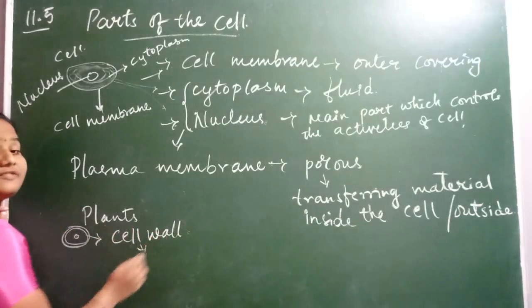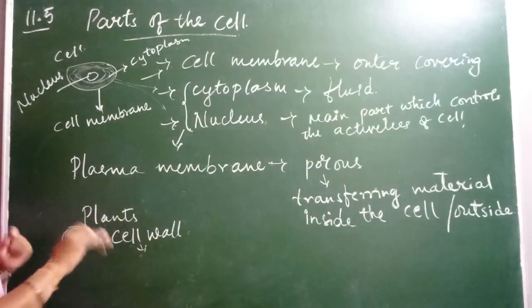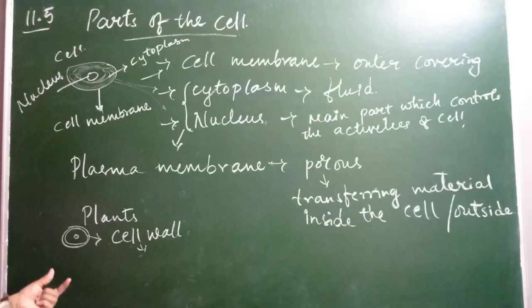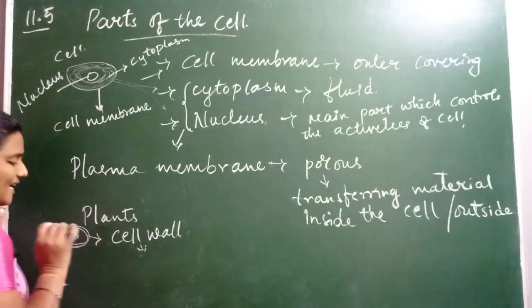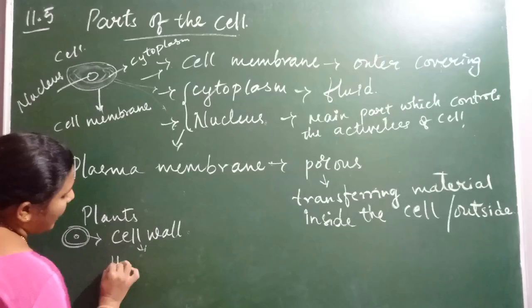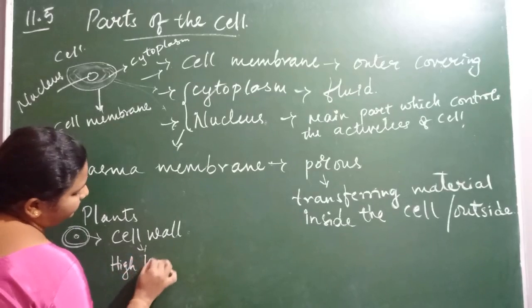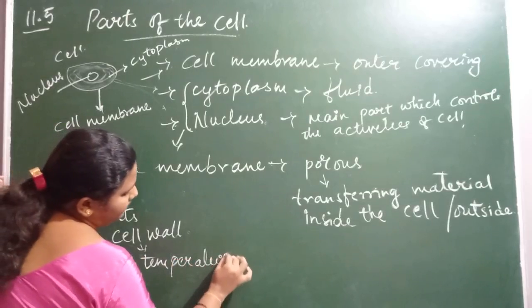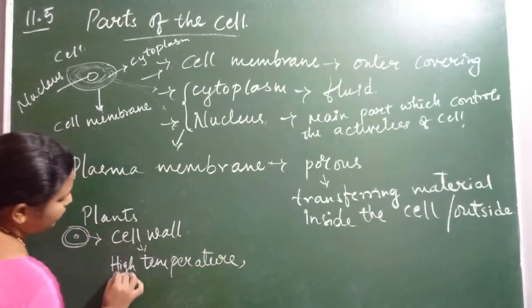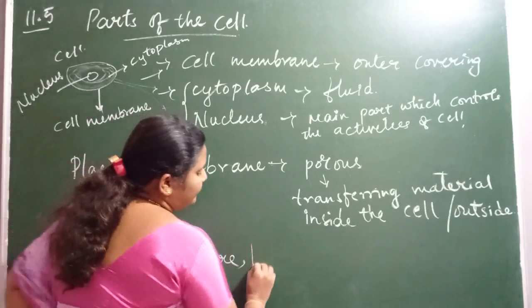What is the function of cell wall, children? It is also one more layer or covering that is near to the cell membrane. It protects the cell organelles from high temperature. And also due to high wind speed.